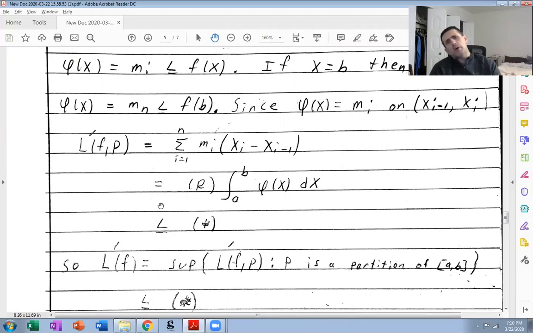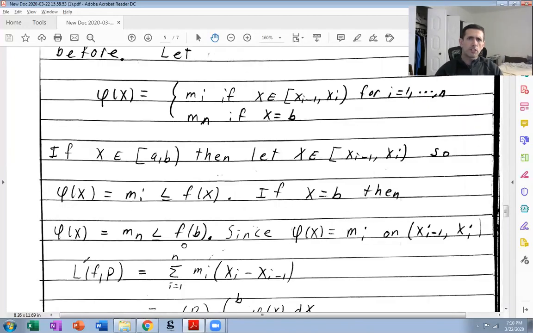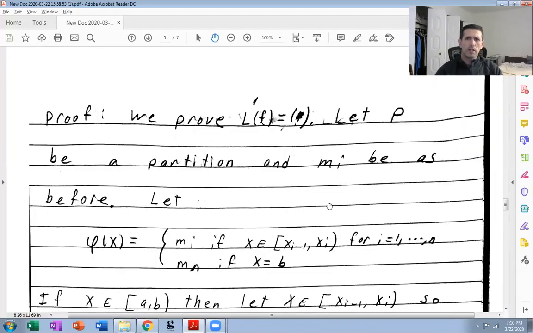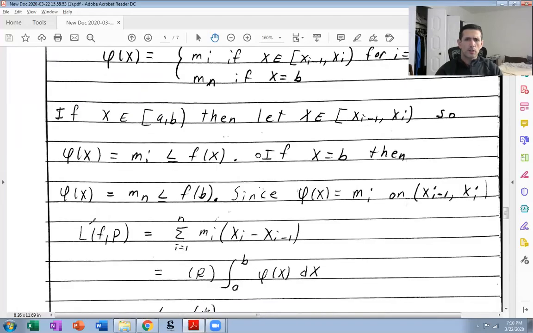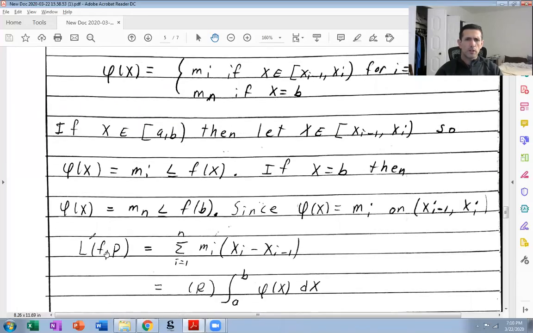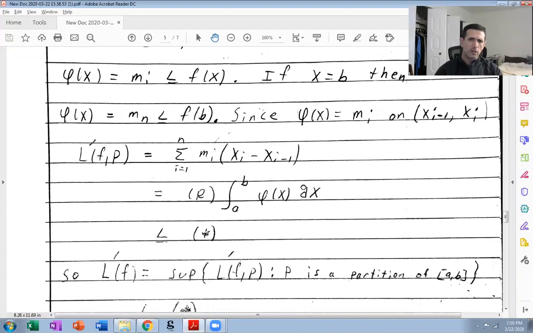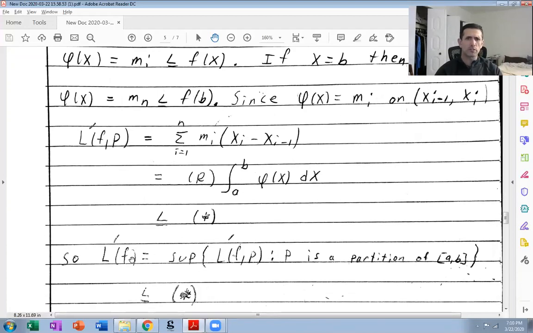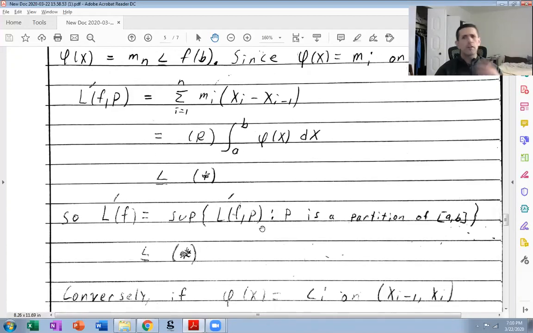Okay? And the punchline, basically, to summarize, is that given a partition of A to B, we can cook up a step function where the modified lower Riemann sum is the integral of the step function, which proves half of our assertion. The converse is pretty straightforward. Let's say I have a step function.